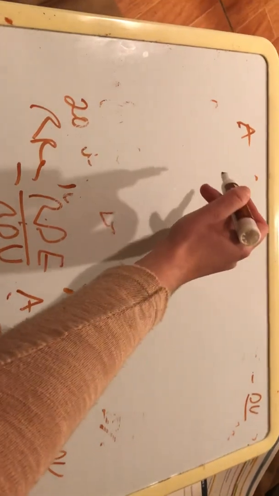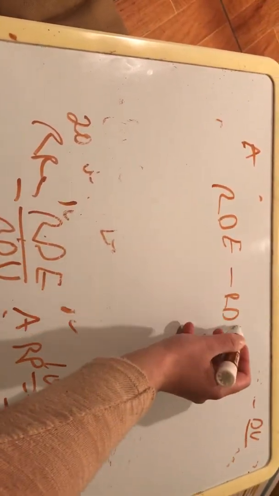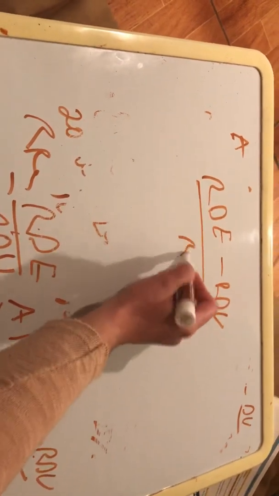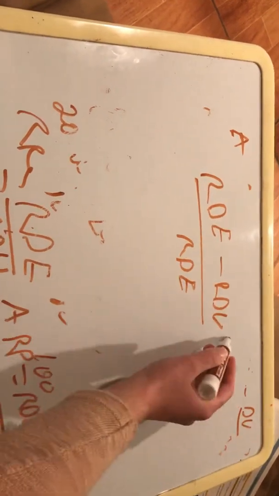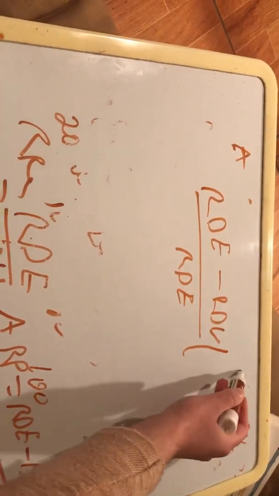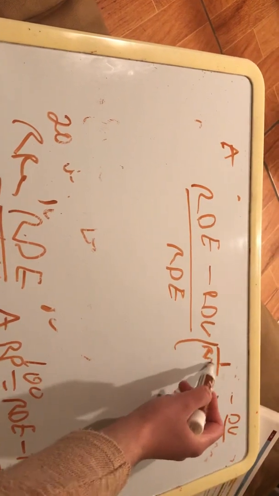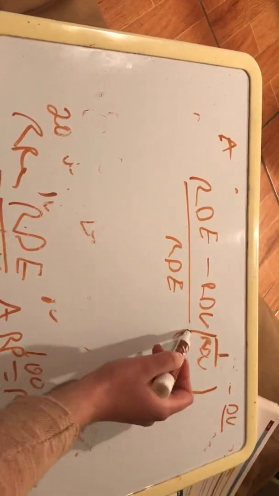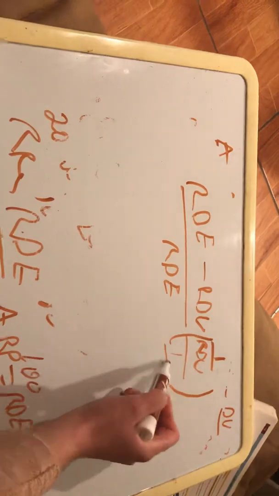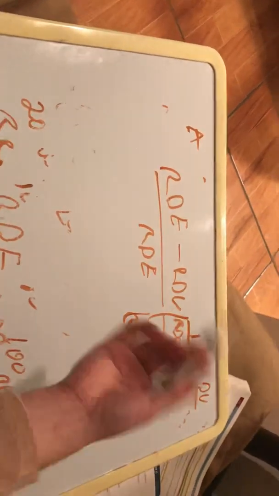I have the rate of disease in the exposed group minus the rate of disease in the unexposed group divided by the rate of disease in the exposed group. I could multiply everything times 1 over the rate of disease in the unexposed group divided by 1 over the rate of disease in the unexposed group. So this is 1, so I'm not altering anything.